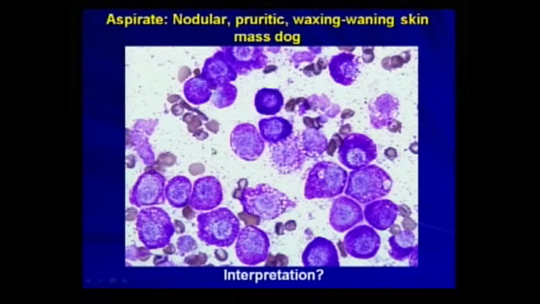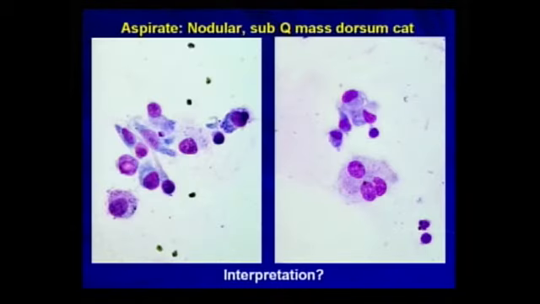Okay? So this is, once again, mast cell tumor. You don't need to have the eosinophils in a dog. You would probably see them if we looked around, but this is a large group of mast cells. So, mast cell tumor. Low grade, high grade, sorry, I can't tell you, won't tell you until you send me the biopsy.